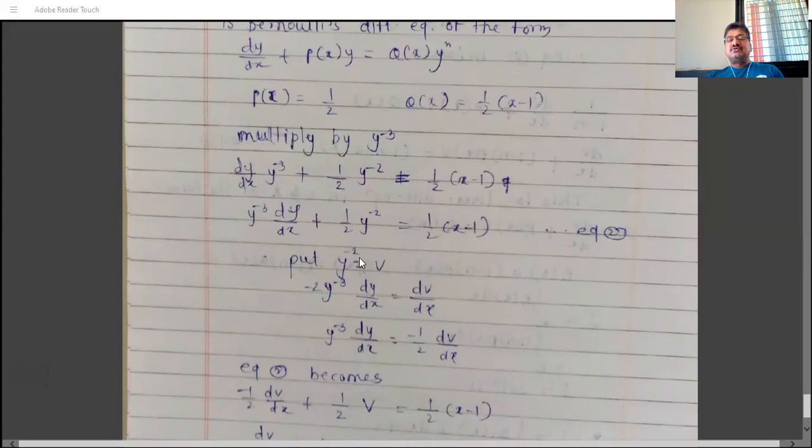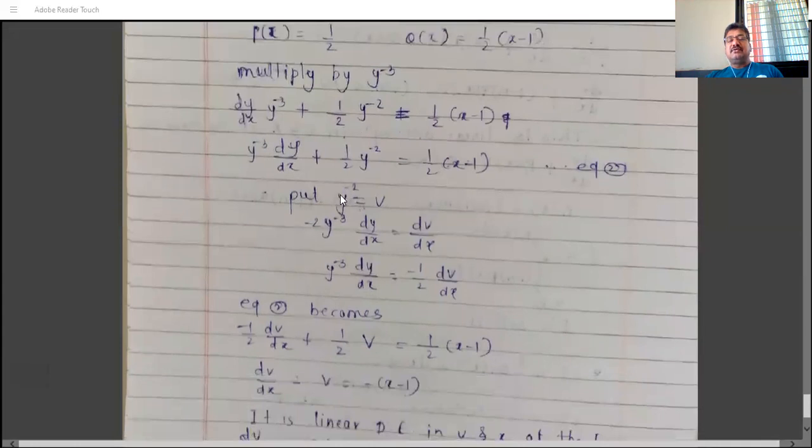And then put y raised to minus 2 as v. So from this we take y raised to minus 2 as v. Differentiate with respect to x on both sides.